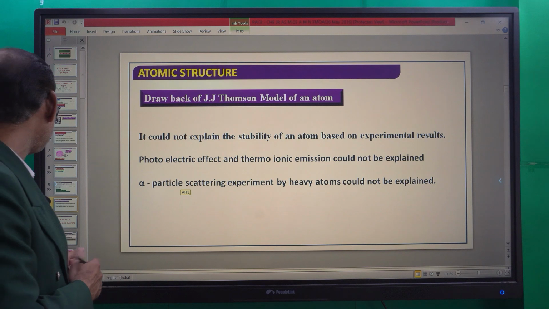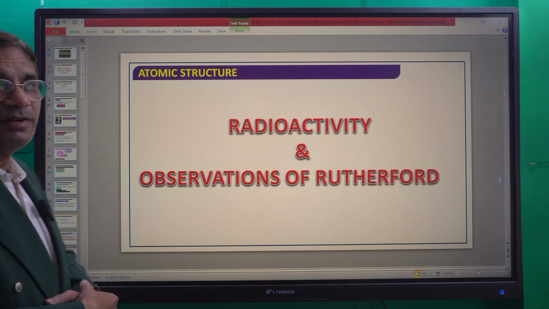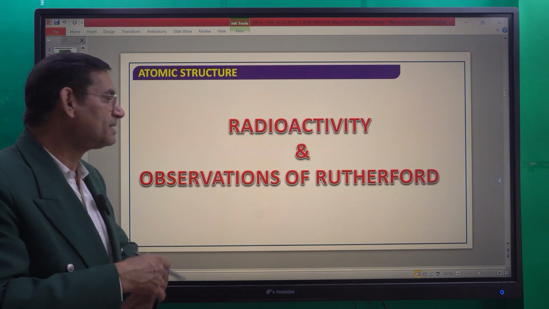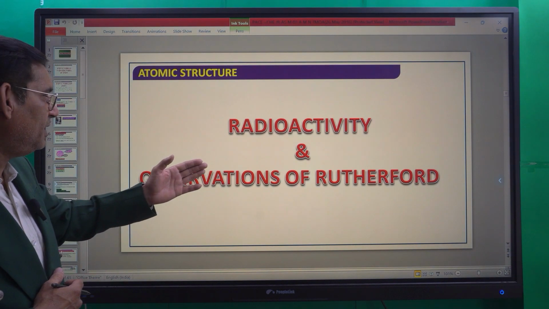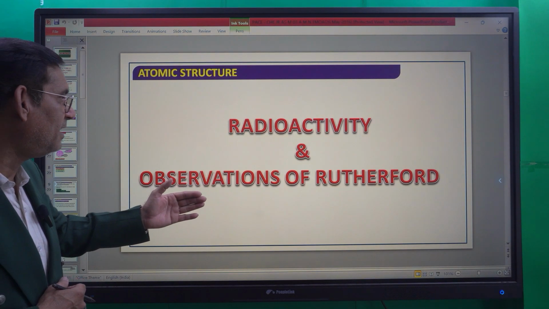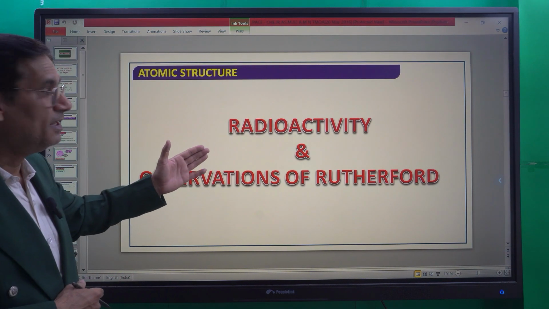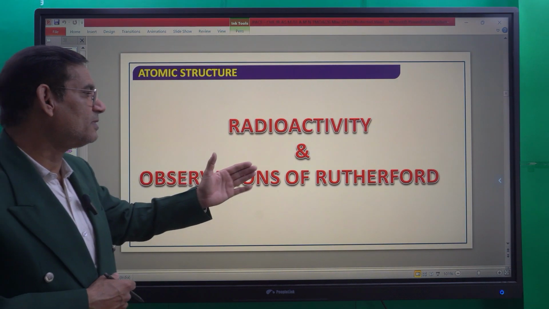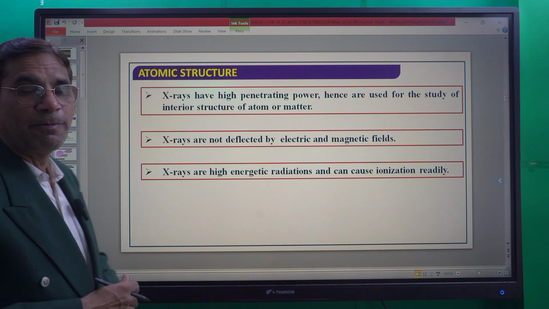But before going to Rutherford's atomic model, radioactivity also should be discussed so that we can understand Rutherford's atomic model properly. So next is radioactivity and observations of Rutherford.